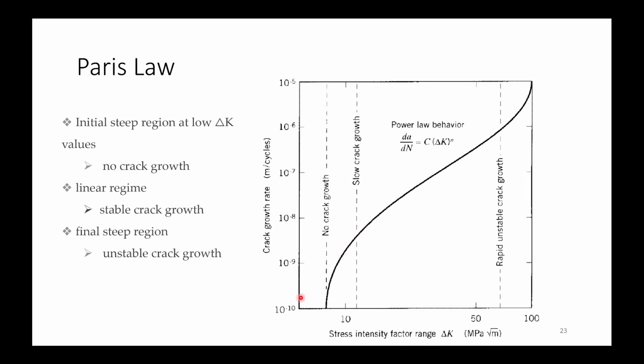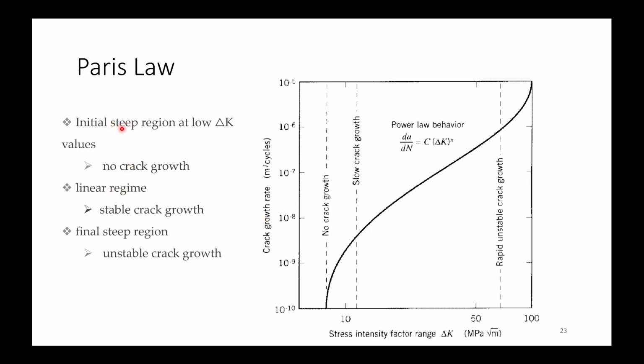This is how your crack growth rate changes for various materials. This type of behavior is seen. So this can change depending on various factors, but the shape of the curve remains the same. So initially there will be no crack growth, then there will be slow crack growth in this stable region.